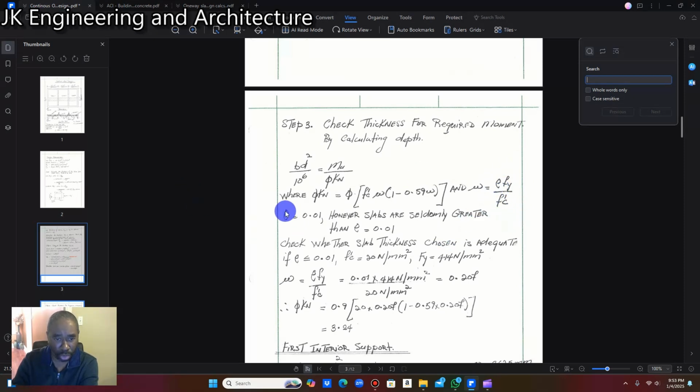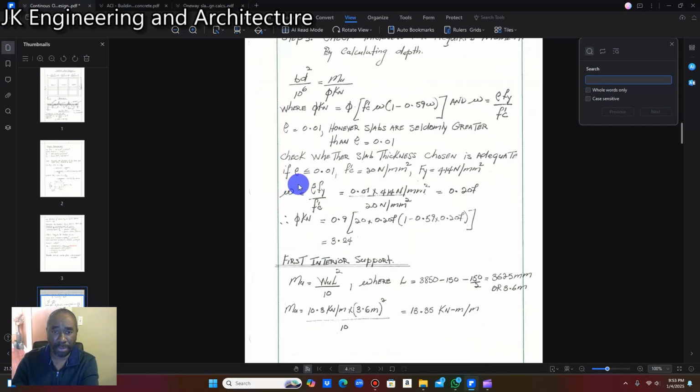So we're going to take rho here to be 0.01. Alright? However, slabs are seldom greater than that. The rho is seldom greater than 0.01.